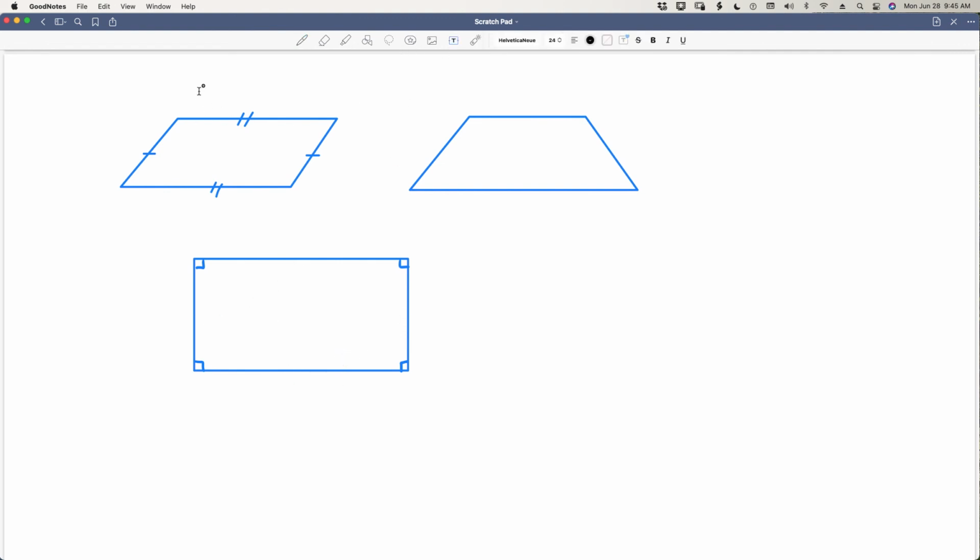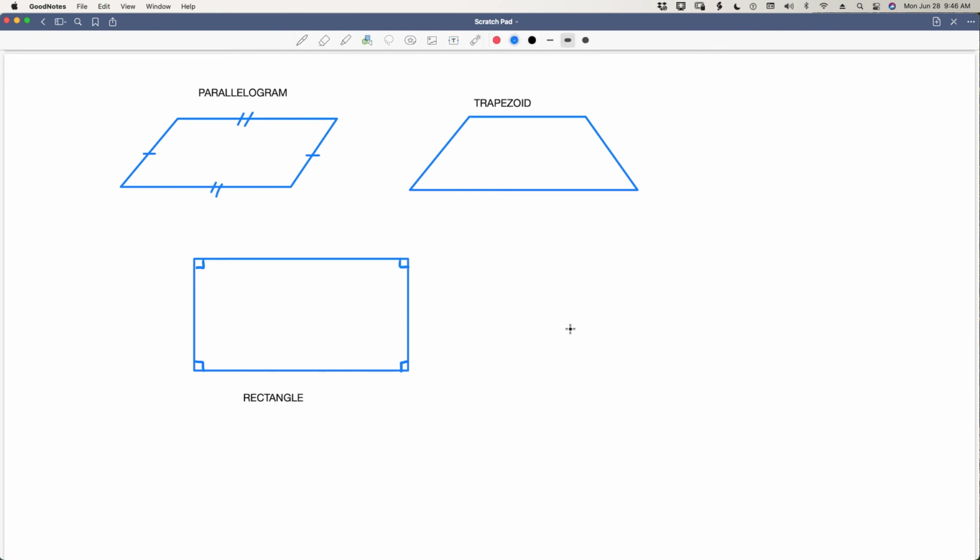Let me go ahead and label these for the sake of you being able to take better notes. So that's a parallelogram. This is a trapezoid. This is a rectangle.